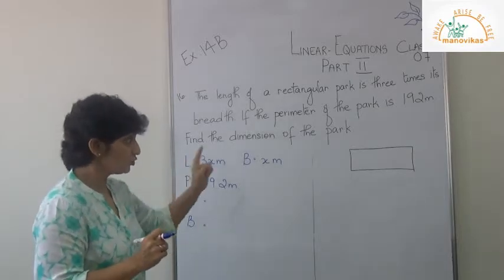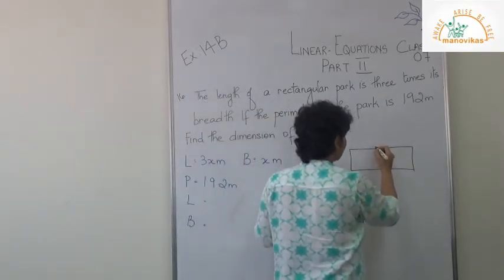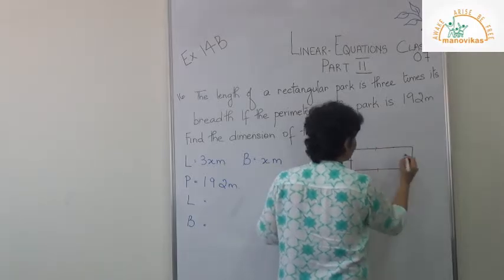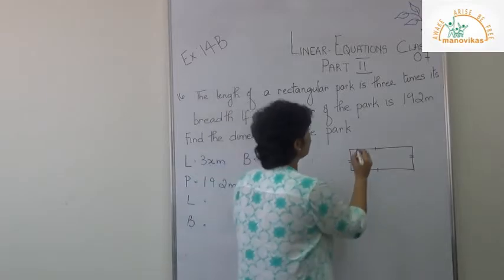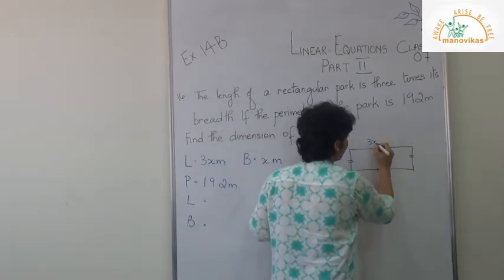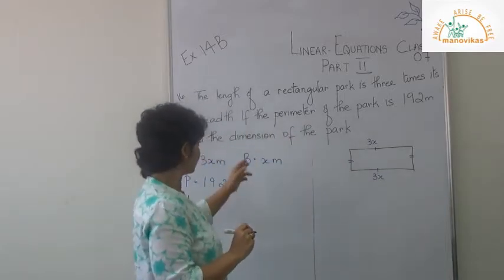192 meters, you need to find out what is the length and what is the breadth, or the dimensions, of the park. Now you know in a rectangle you have 2 lengths which are equal and 2 breadths which are equal. So if my length is 3x, then this also will be 3x meter. Correct?